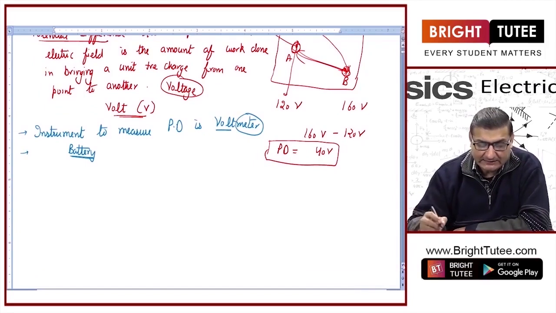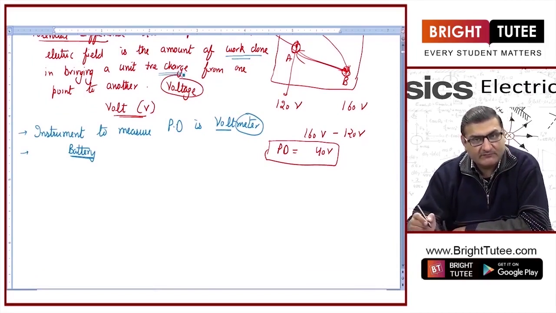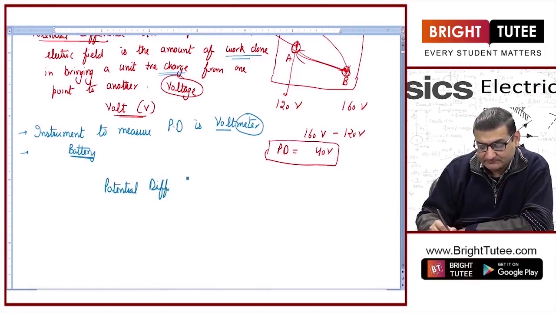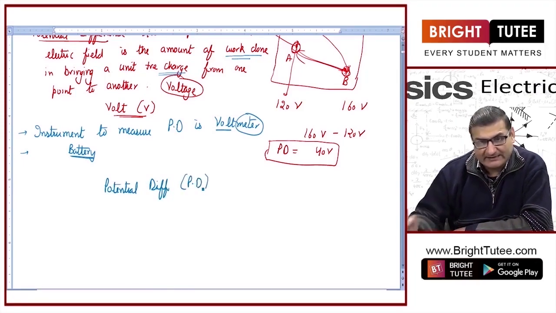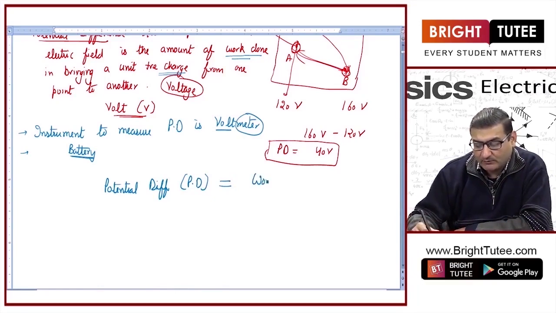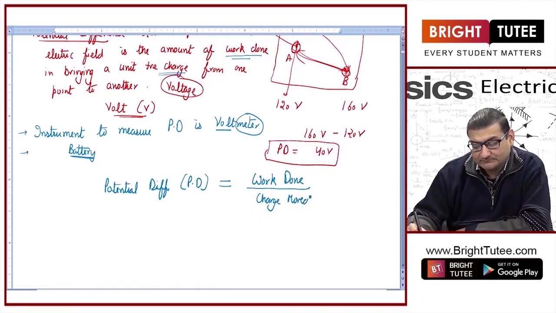Now we said that potential difference was the amount of work done in bringing charge from one point to another. So when, formula wise, we try to relate potential difference, short-formed and written as P.D., it is expressed as the amount of work done divided by the amount of charge moved.